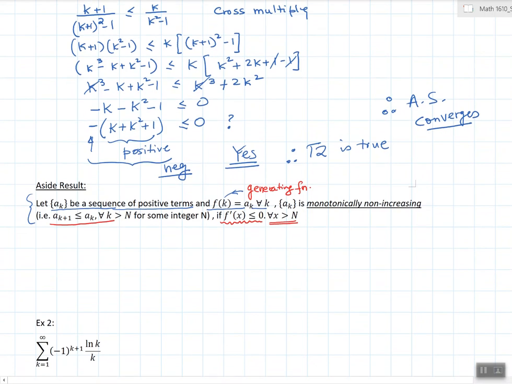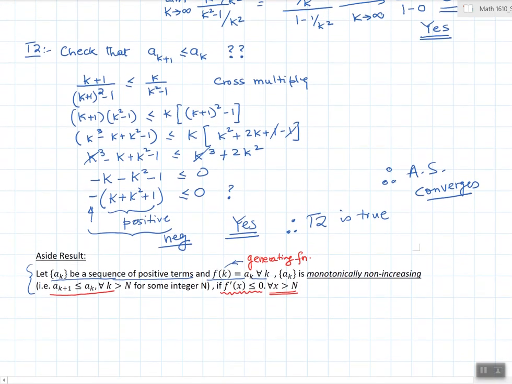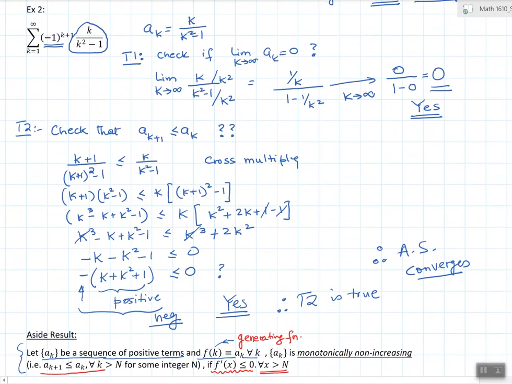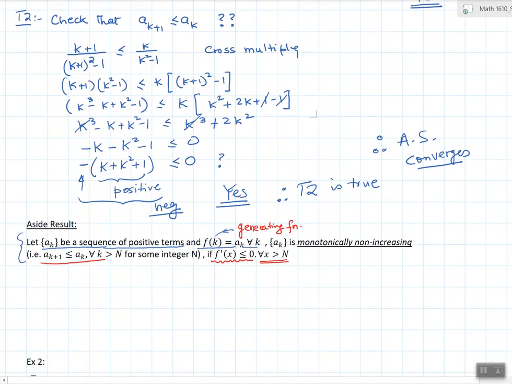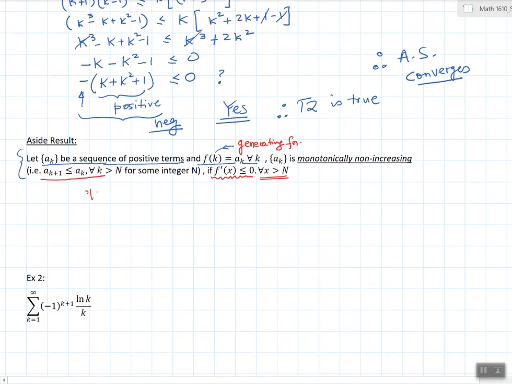So if we try it on this particular question, my a_k was k over k squared minus 1. So therefore my function would be x over x squared minus 1. Now I would use the quotient rule to find the derivative.